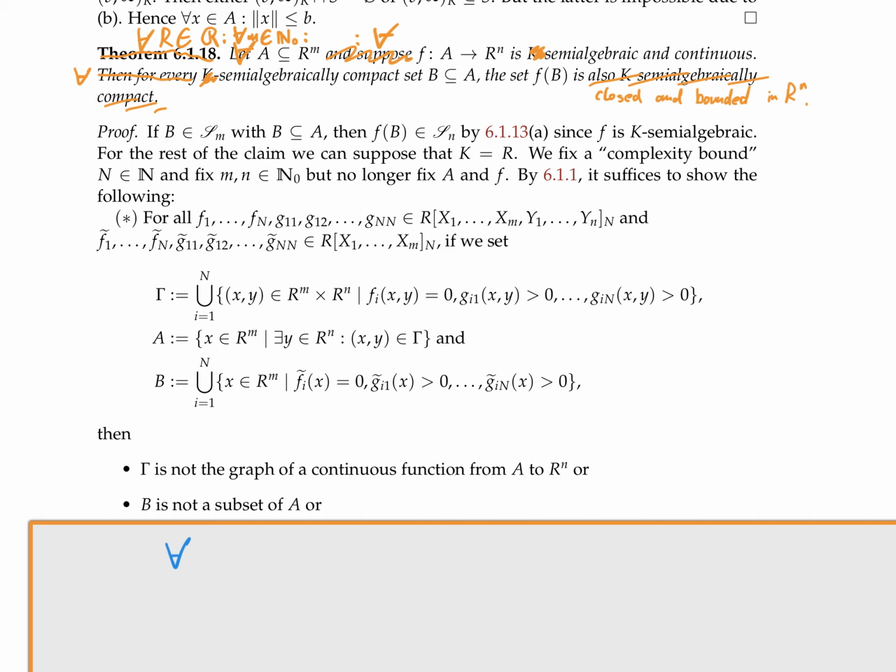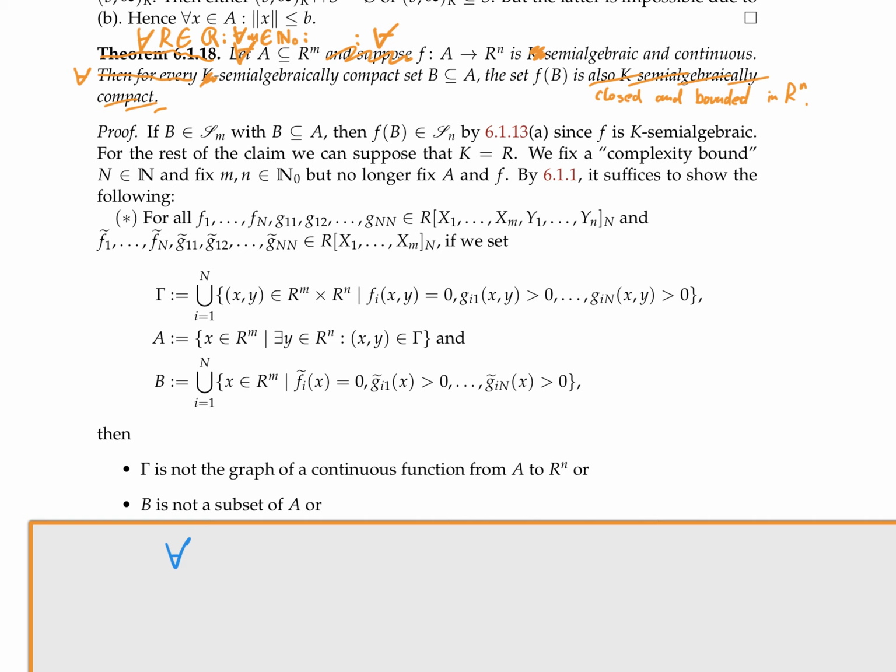Well, A was already defined as this, so I don't need to write that it's defined on the whole of A, and I don't need to write that it is not defined on a bigger set, right? So that's automatic.